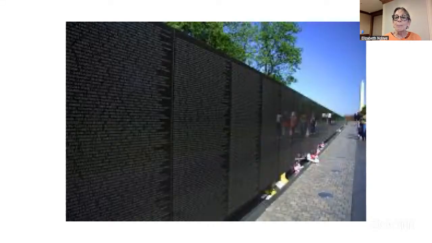You can see at the base of the wall, people are constantly leaving mementos of their loved ones, dolls, letters to the person who died. And these objects get taken up and are saved by the Smithsonian, some of which are from time to time put on display in the National History Museum with explanations of what they are. And they're just really wonderful to look at.